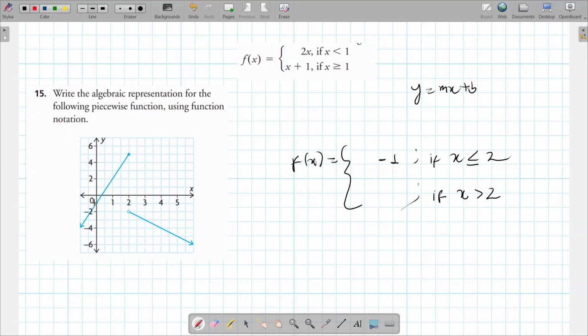Do you want me to draw a triangle? I think this might be helpful. What's the rise? So count the boxes. 1, 2, 3. What's the run? 2. So therefore, the slope is 3 over 2. So therefore, the equation is 3 over 2 x minus 1.